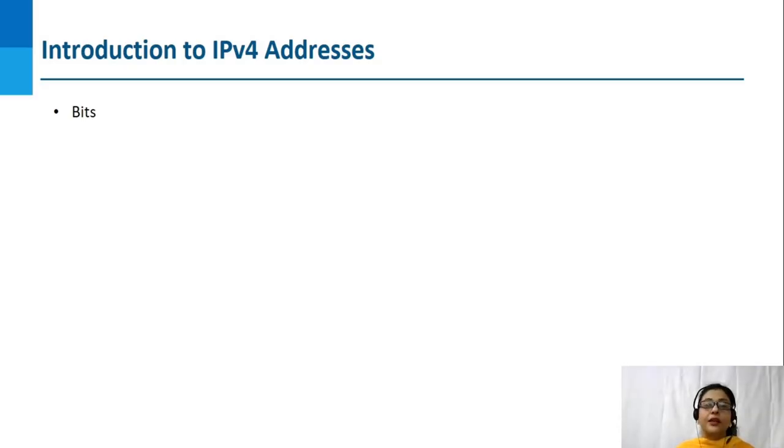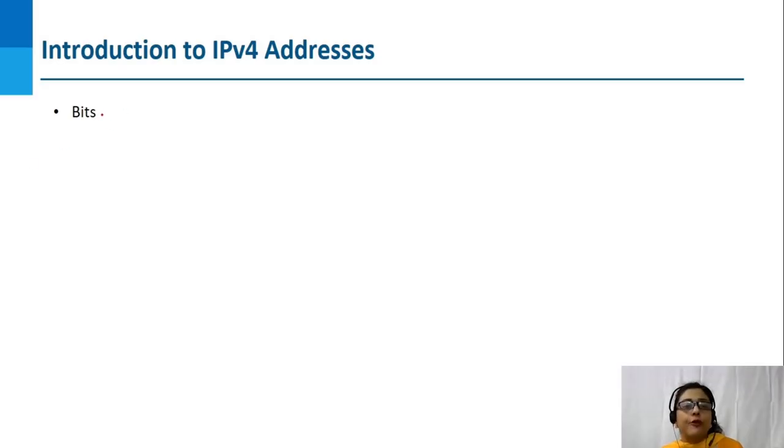I mean to say the global addressing scheme should be maintained, and this addressing is known as the logical addressing. The first version of internet is the IPv4 addressing scheme, and here we are going to start with the IPv4 addressing scheme.